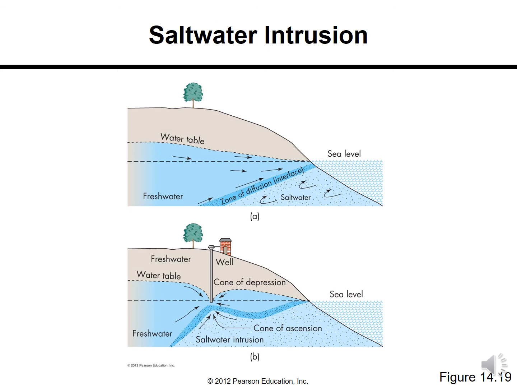The water table is right here, and the cone of depression, we talked about this in the last slideshow. The cone of depression is created, so the salt water is trying to get into the area, and this is the salt water and fresh water getting interacted, and that's a contamination right there.